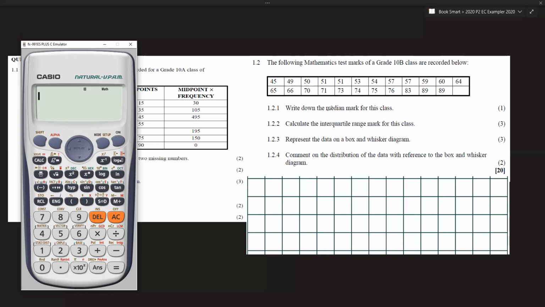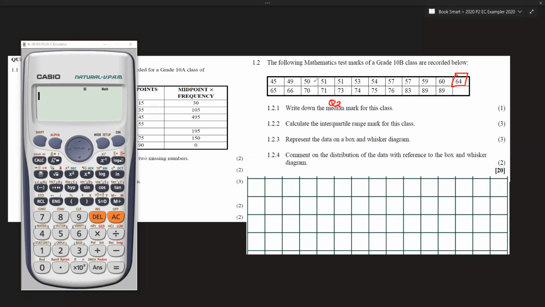The first question: they want us to write down the median mark for this class. Median mark, basically, is quartile 2, or the middle quartile. Quartile 2 is at the center of the data, exactly at the center. By looking at things here, I'm sure we can all see that this number will be our center.